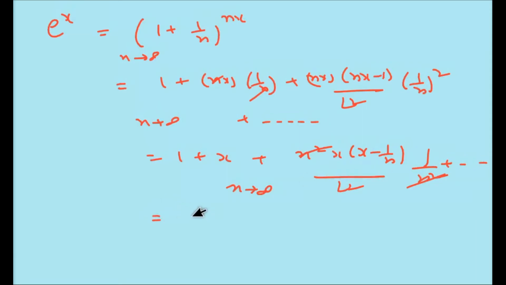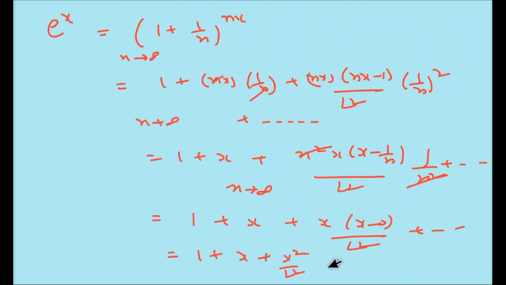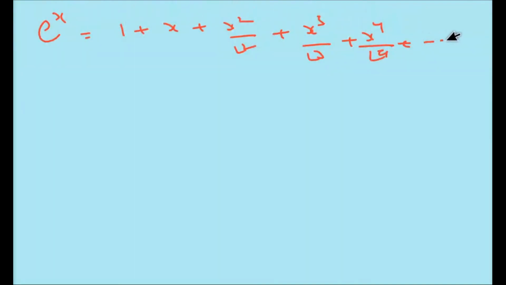Now putting the limit of n to infinity, we will get 1 plus x plus x square upon factorial 2 plus x cube upon factorial 3, and so on. So what series did we get? We got the series that e to the power x is 1 plus x plus x square upon factorial 2 plus x cube upon factorial 3 plus x to the power 4 upon factorial 4 plus and so on.